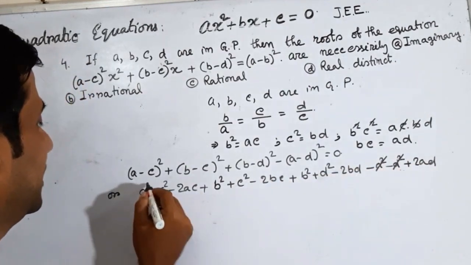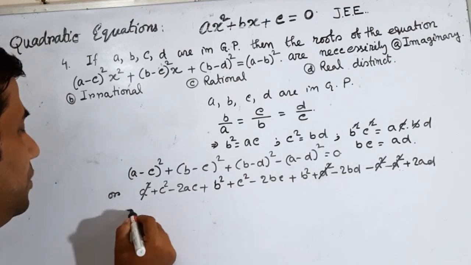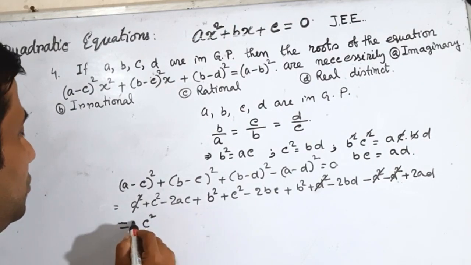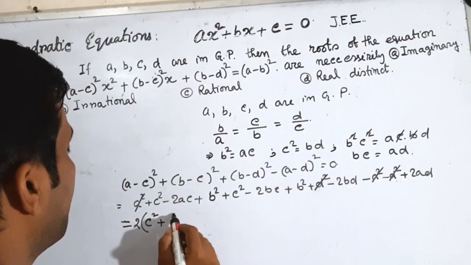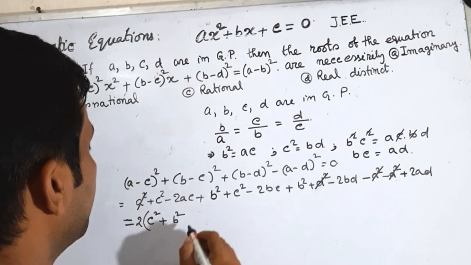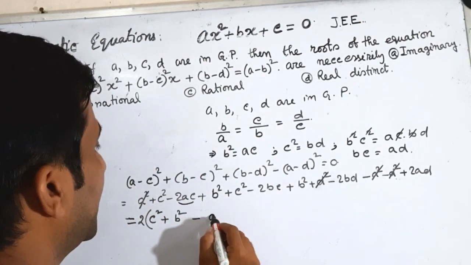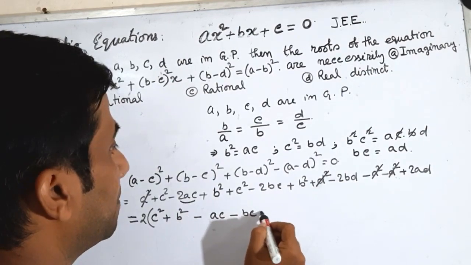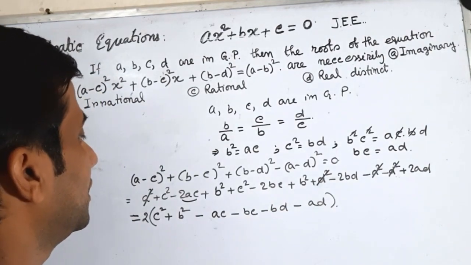Here cancelling a square and d square, we get 2c square plus b square minus ac minus bc minus bd minus ad.